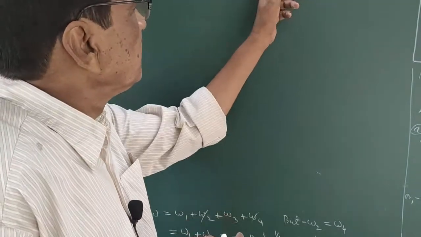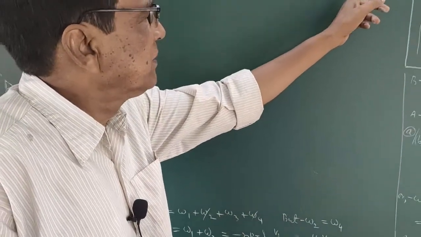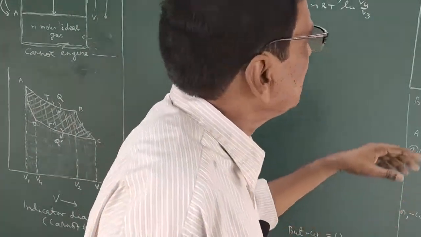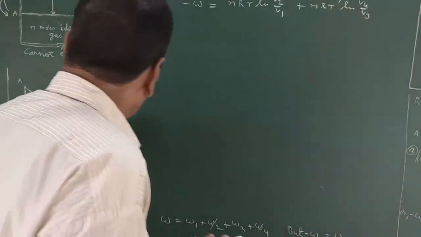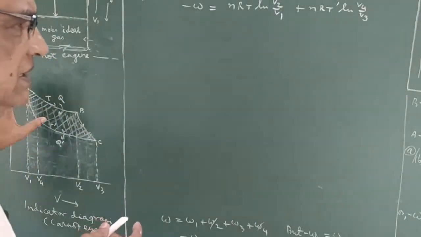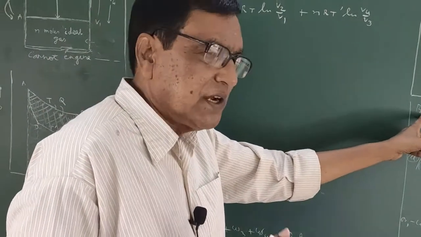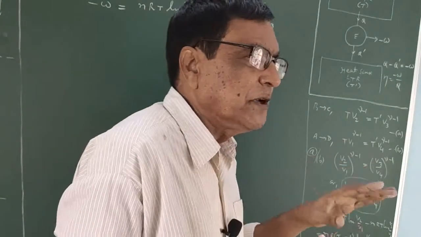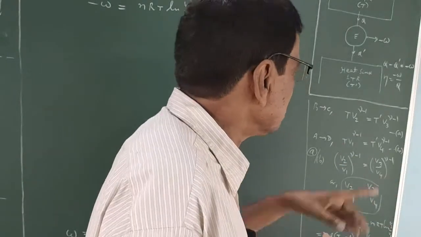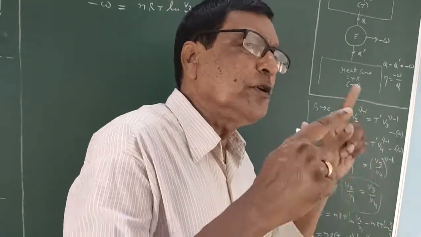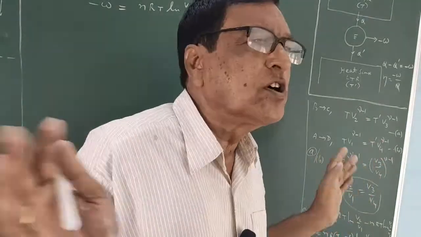But V2 by V1 and V4 by V3 are not independent. If we consider the two adiabatic processes BC and AD, for this BC, which is a reversible adiabatic expansion for this ideal gas, the relation is T V to the power gamma minus 1 equal to constant.